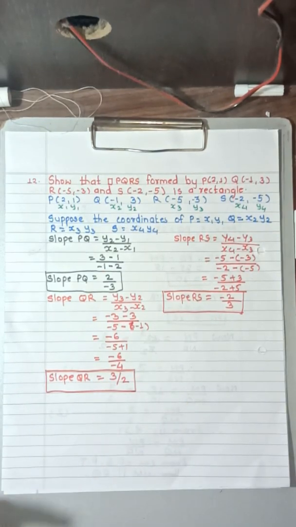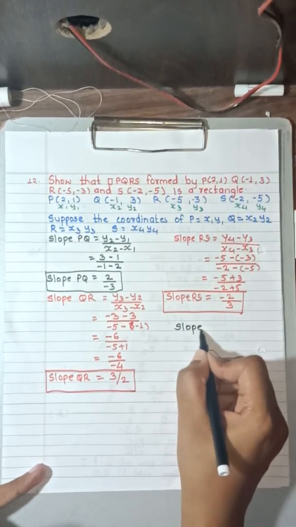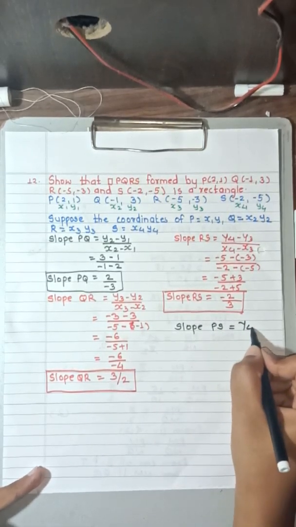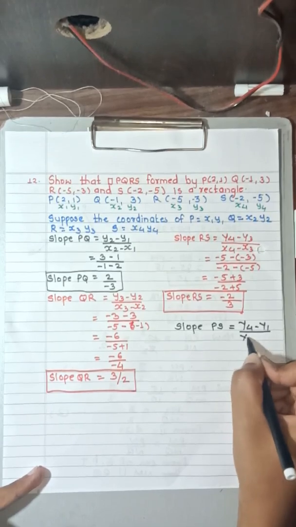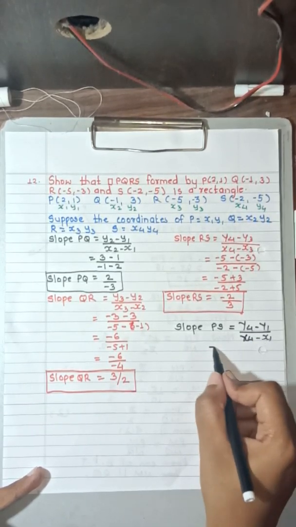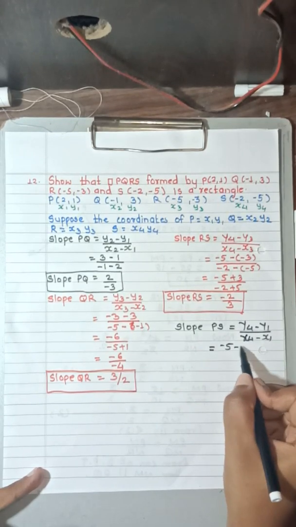Now we'll find out slope PS. Slope PS is equal to y4 minus y1 upon x4 minus x1. Okay, so y4 is minus 5 and y1 is 1.